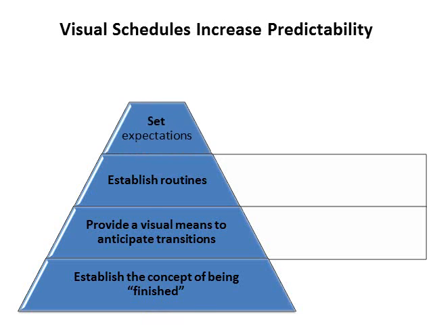And by doing those things, a visual schedule can help increase predictability and establish set expectations because of the way in which you're communicating this information, which will be better understood by your learner who might have executive functioning challenges.